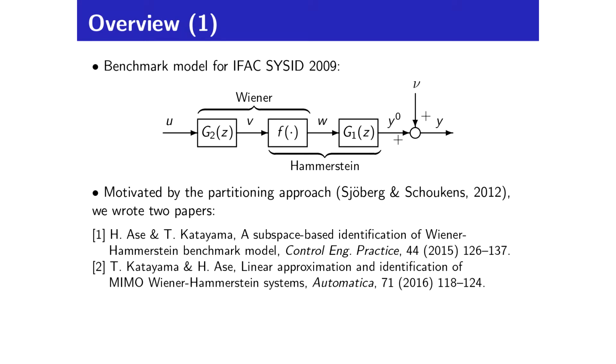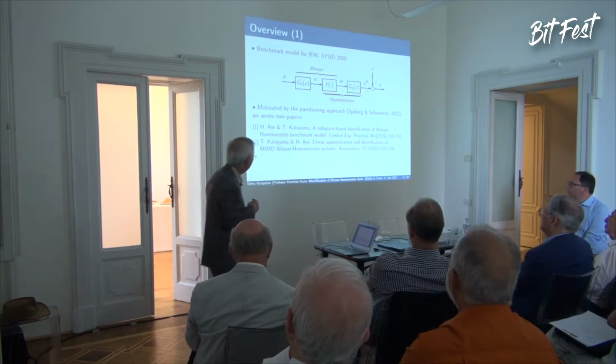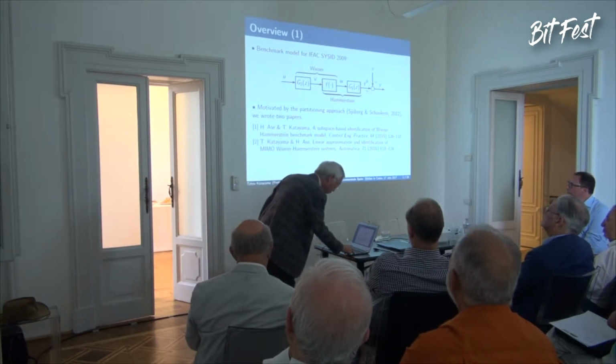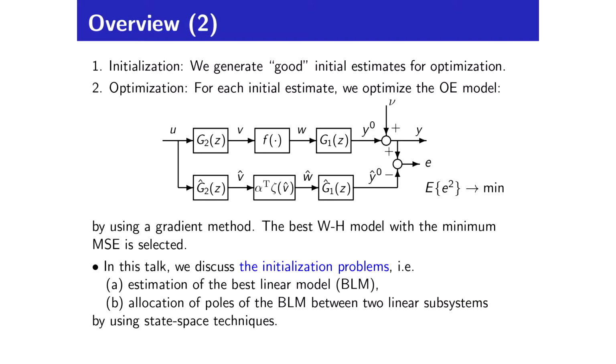We wrote two papers. The first one is the updated version of the paper presented at the symposium. The second one is the extension of the first paper. Since our approach is based on partitioning, we have two steps in identification.